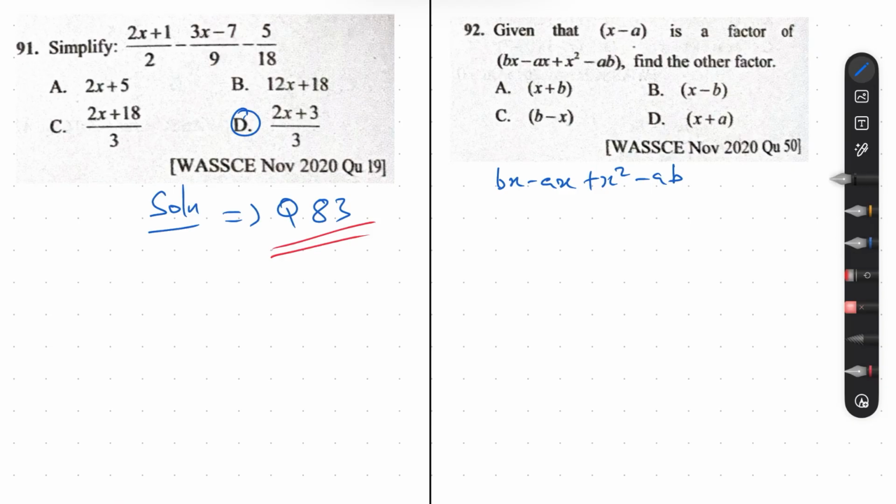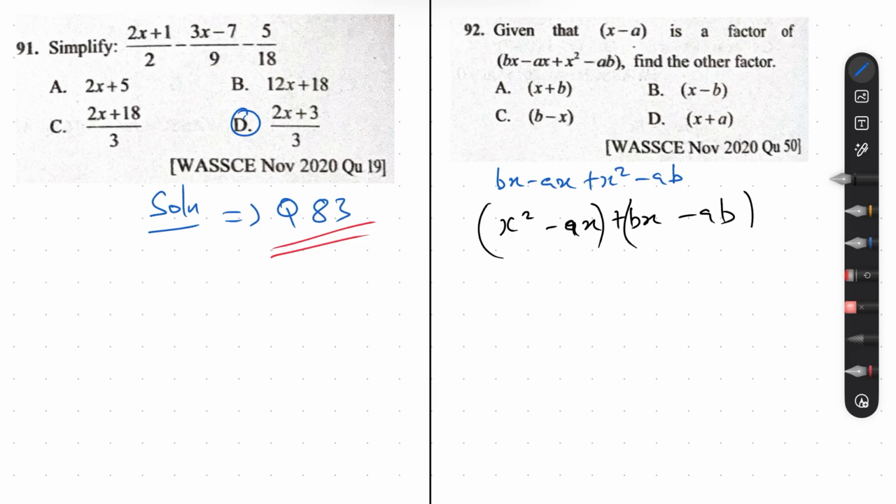So we have x squared minus ax plus bx minus ab. Cool. Now let's put some things in the brackets and then we group them.